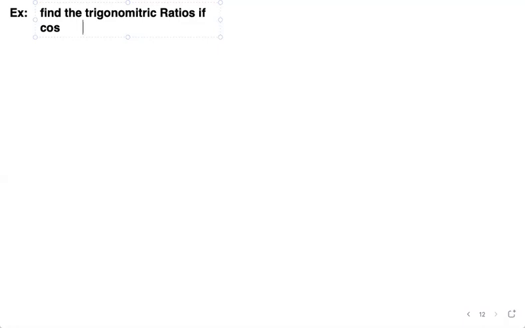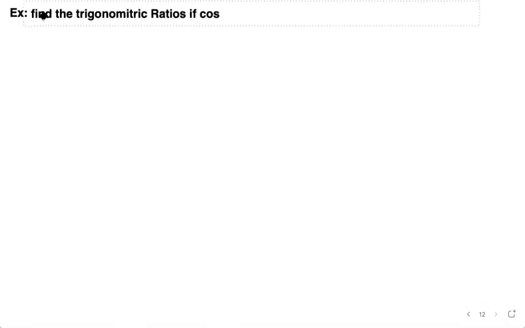Here the main idea is the Pythagorean theorem. This is a hint for this example. So the cosine of the angle is 3/4.